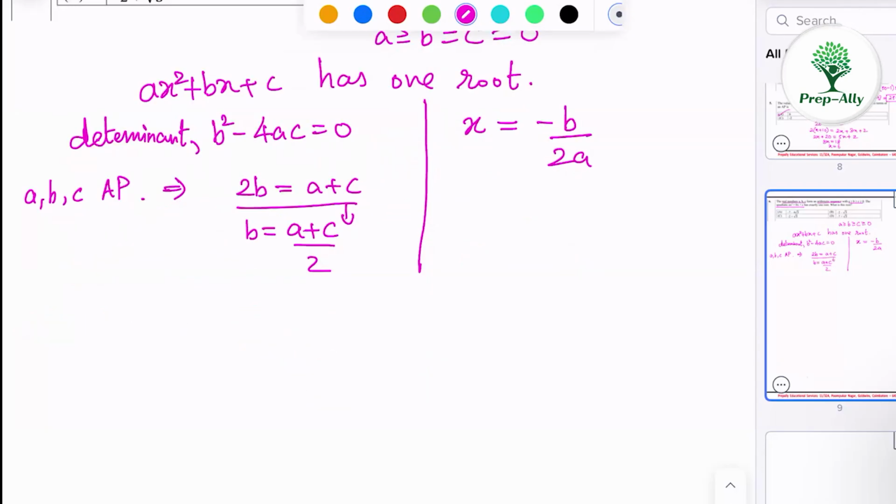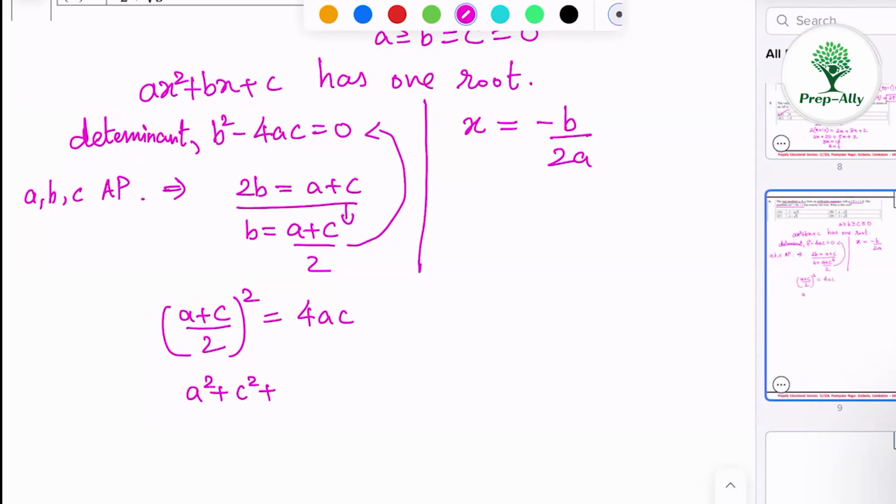If we put this value of b in this equation, we get a plus c by 2 the whole square equals 4ac. So we get a square plus c square plus 2ac equals 16ac. So from here we get c square minus 14ac plus a square equal to 0.